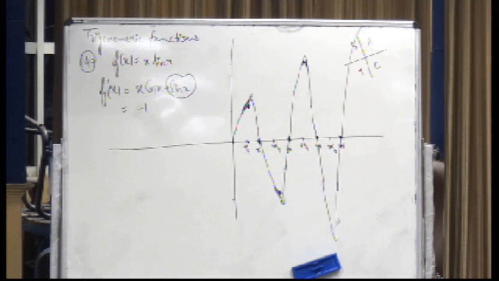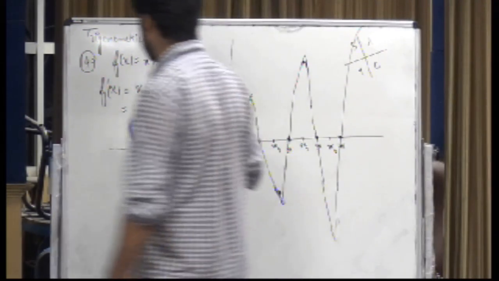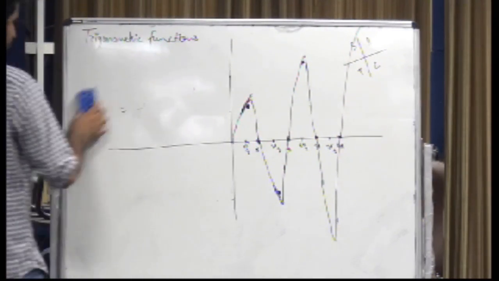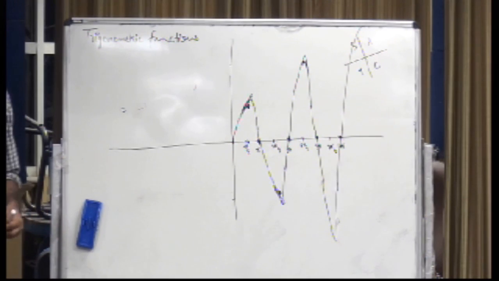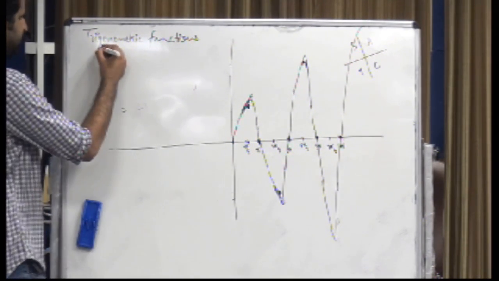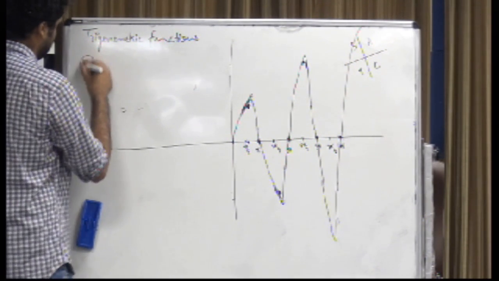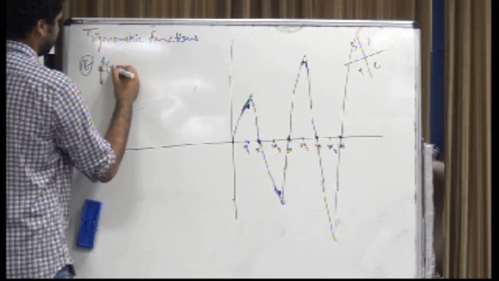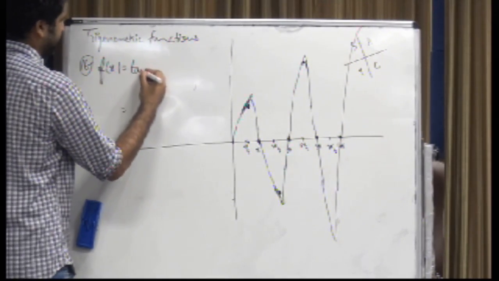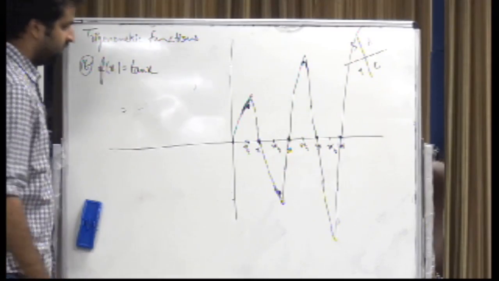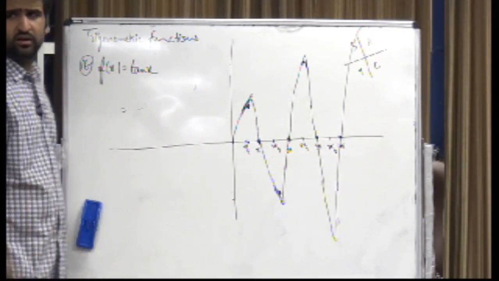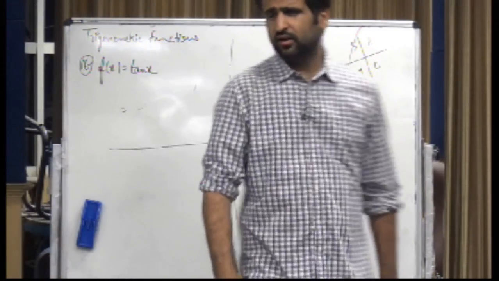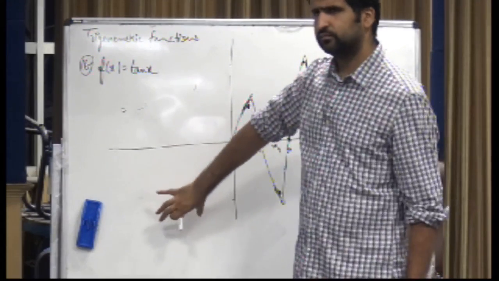Yeah. So the next one is 16th, f x is equal to tan x. And similarly for negative part. For negative part is simple, just put all this negative, right?